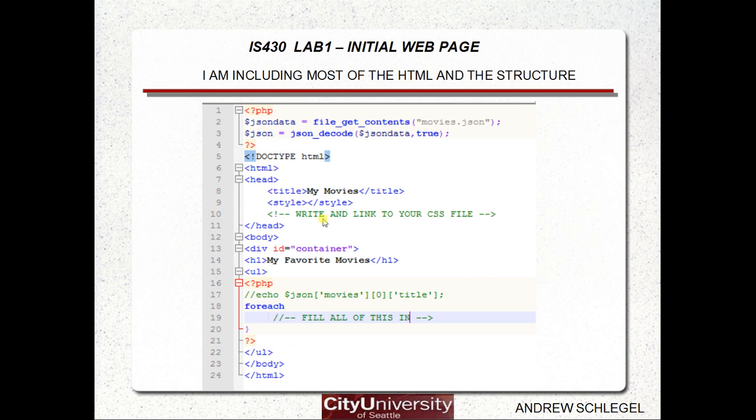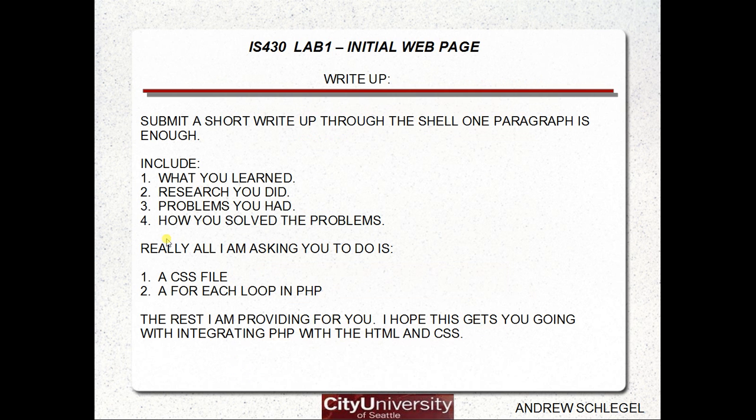So that's basically your task. That's all I'm really asking you to do: create the CSS file and take this for loop, using perhaps arrays and things of that nature, to organize this data and give you an output to a web page. Okay, so you want to submit a short write-up through the shell.